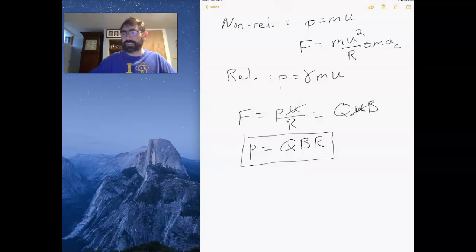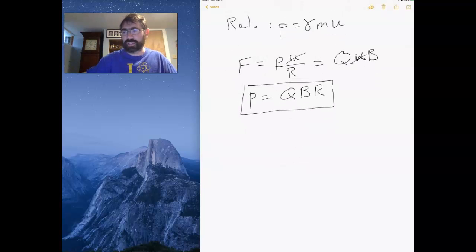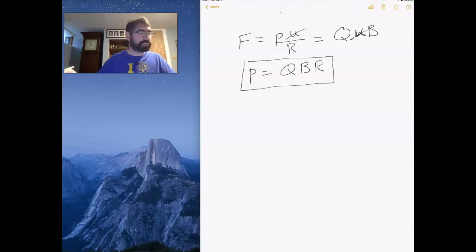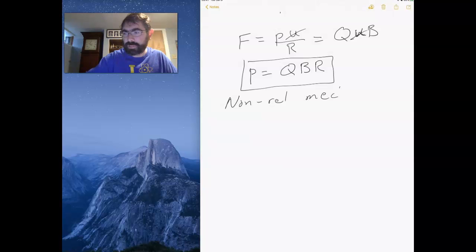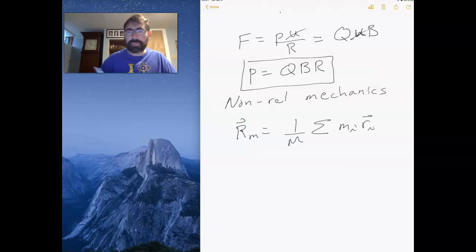An interesting thing to consider is that if we have a collection of particles in non-relativistic mechanics, what we often do for a system like that is come up with a center of mass, where we take the mass of every individual particle and sum it according to its position with respect to some origin that we're measuring.